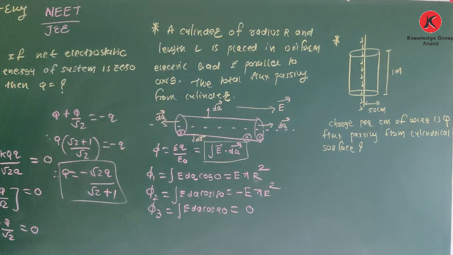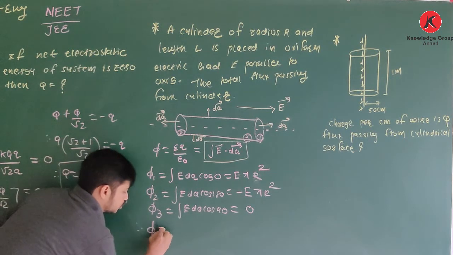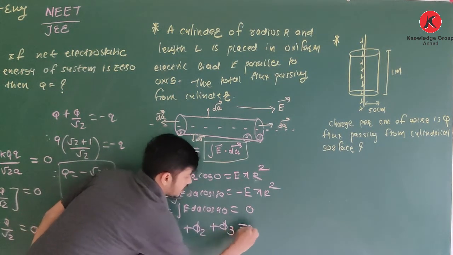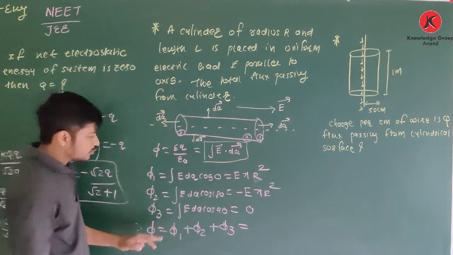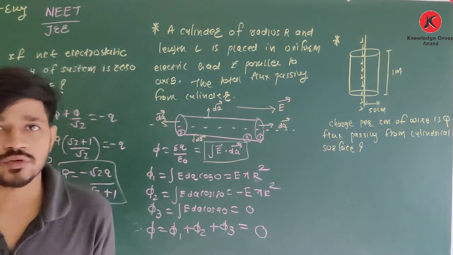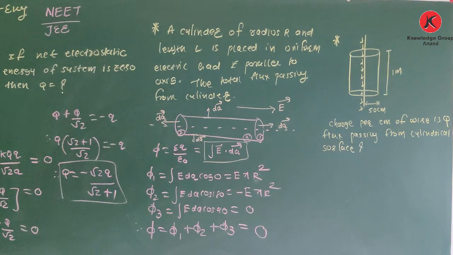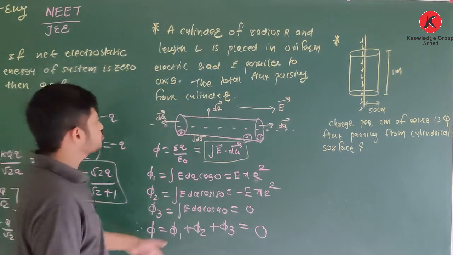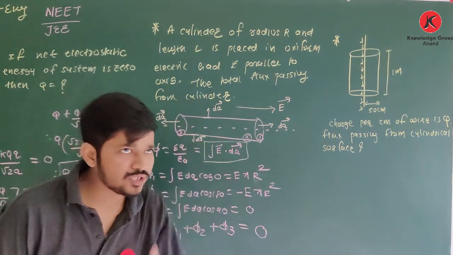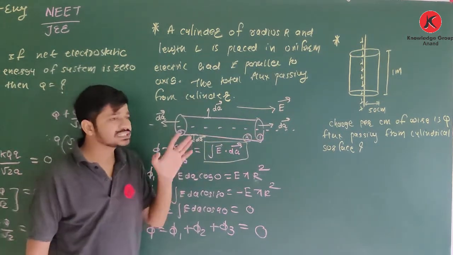Clear about this? Now, what is total flux? Total flux phi is equal to phi 1 plus phi 2 plus phi 3, and it will become 0. Clear about this? In this case, flux phi is equal to 0 because the electric field you are given is uniform and this object is symmetrical.